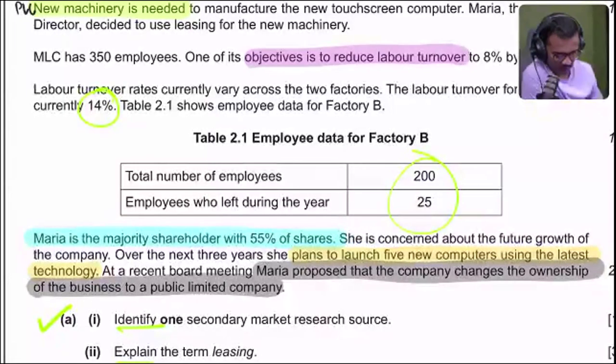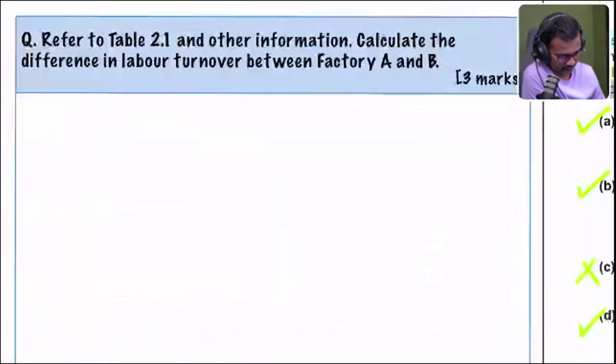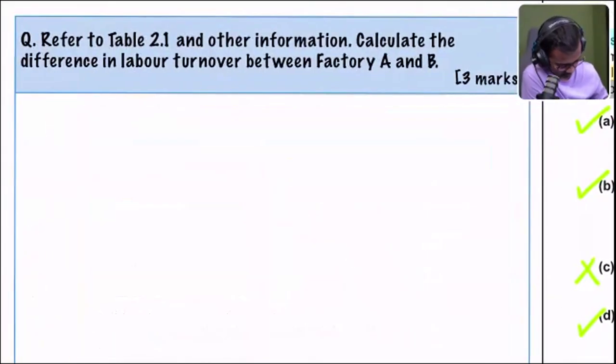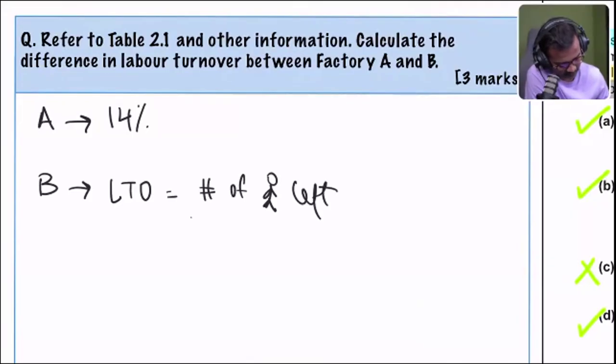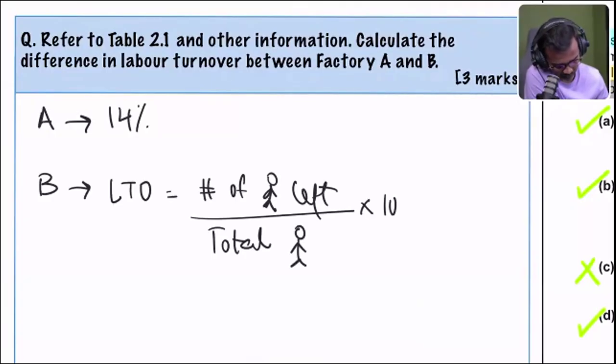Okay, so let me show you how it's done in case you're still wondering. Let me take you to the other side. Here you go. So we already know that factory A has a labor turnover of 14%. Now we need to find out for B labor turnover, which is number of workers left divided by total workers into 100.